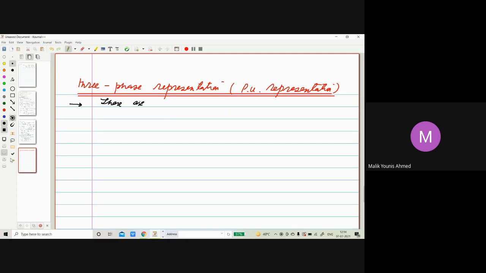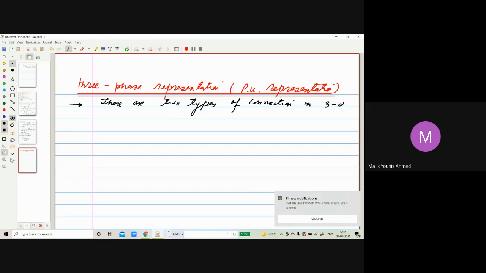What are those connections? Number one, we have star connection.